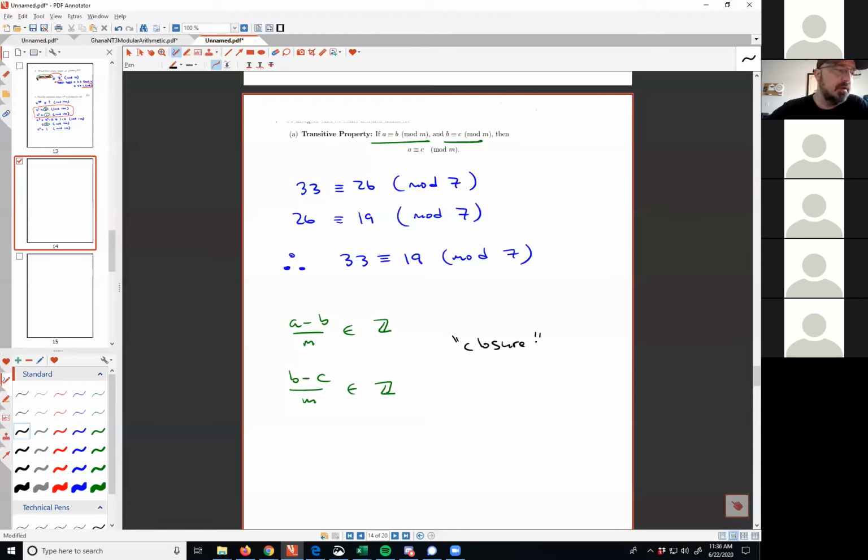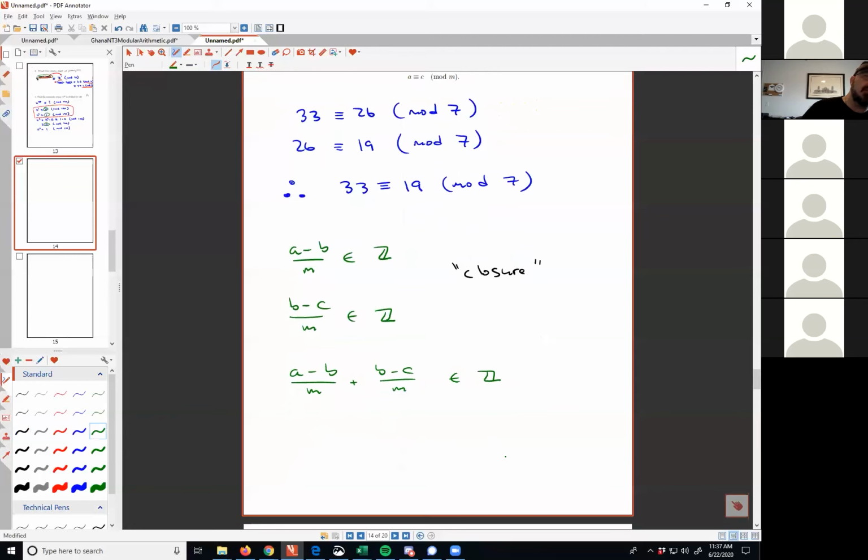Good. So back to what we're working on right now, this transitive property. A minus B over M is an integer. B minus C over M is an integer. So by closure, the sum of these two expressions must be an integer. And if we add these two, what do we get?